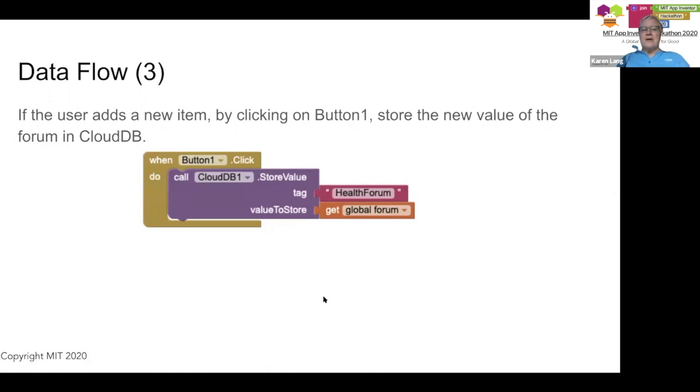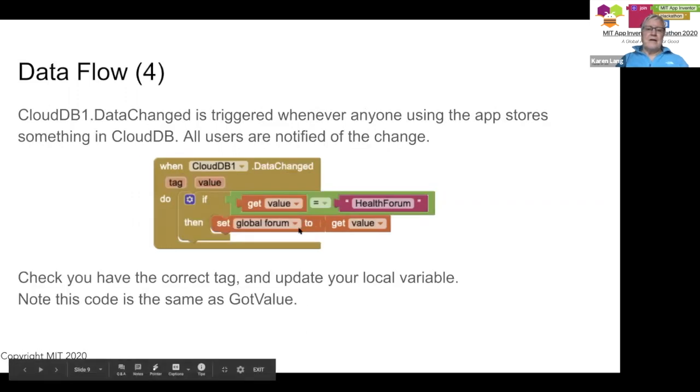If at any point, say I have some sort of a button that the users can use to enter a new message in the forum and then press the button to store it, what I will do then is use the store value to update what's in the cloud with my local forum variable. And then the data changed gets triggered.